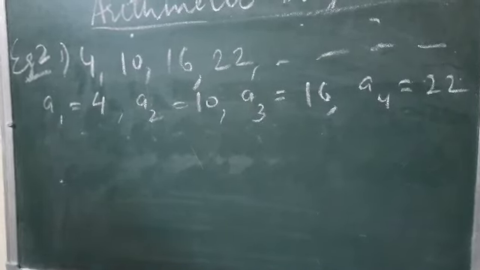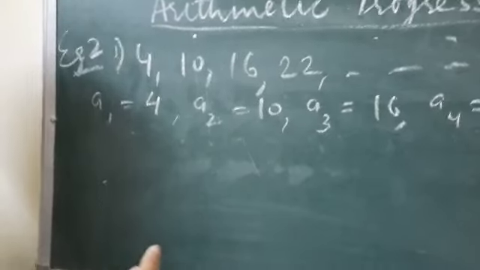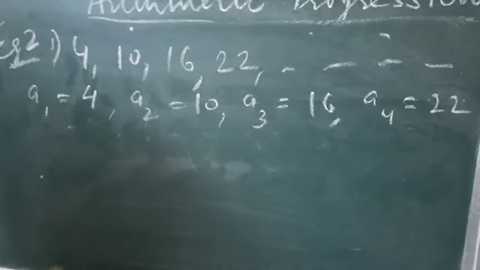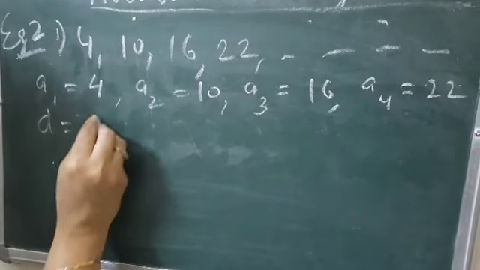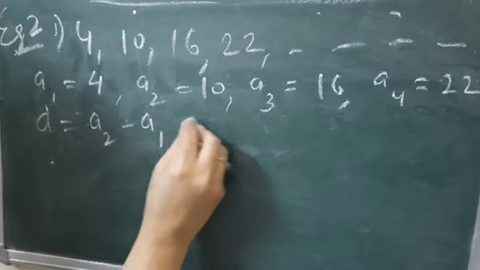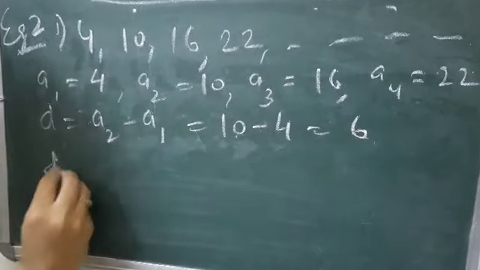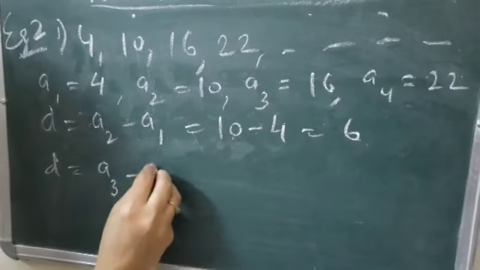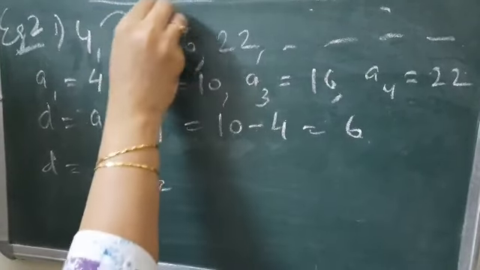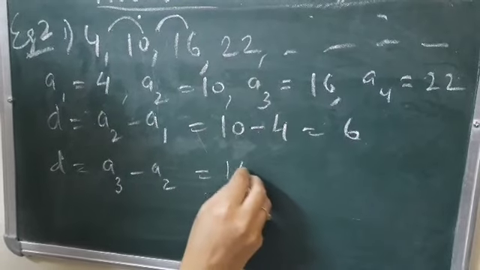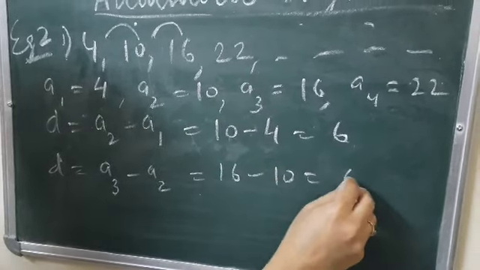You have to check whether it is forming an AP or not. To check that, what will we check? Whether the common difference is the same or not. So first we'll find D for A2 minus A1. It will be 10 minus 4, 6. Another D we'll find is A3 minus A2. 16 minus 10, again it is 6.